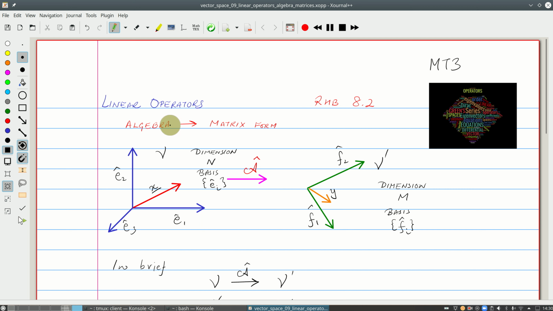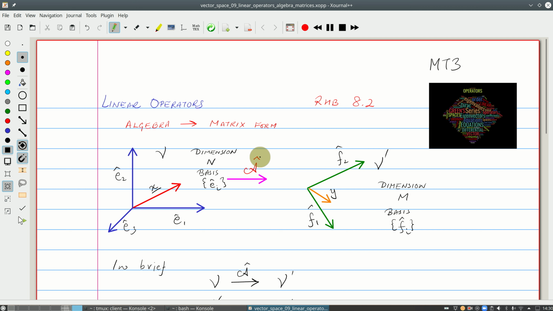Let's say we are in a vector space V. In this particular case, I've illustrated three dimensions to the space, but in general, let's say it's an n-dimensional space. And we've got a basis set e_i hat, which spans this space. Then we've got a vector, any vector x in this space.